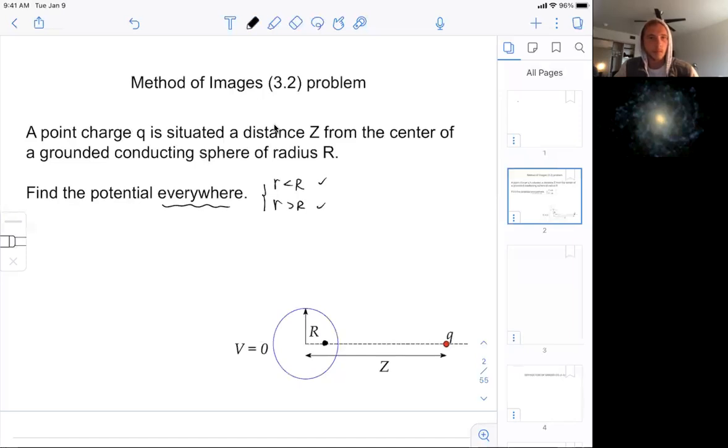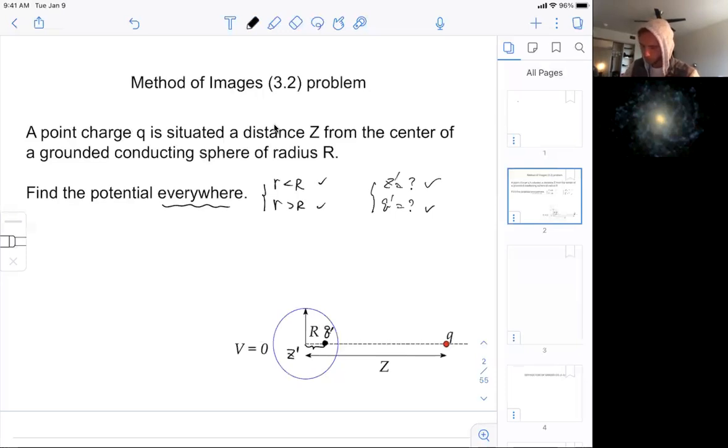I'm guessing it has a distance z prime from the origin and a total charge q prime. I'm going to solve for what z prime has to be and what q prime has to be. That tells me what kind of charge and where I would put it, if I can solve these two quantities, z prime and q prime.